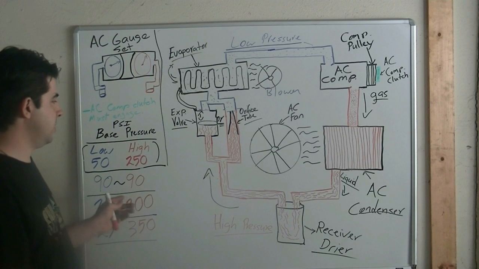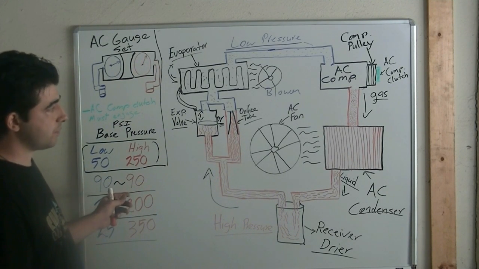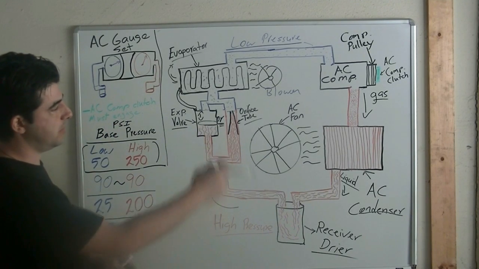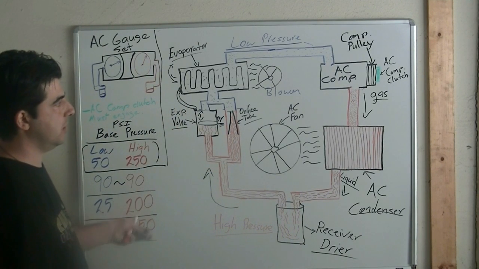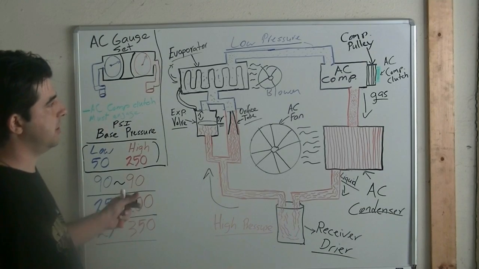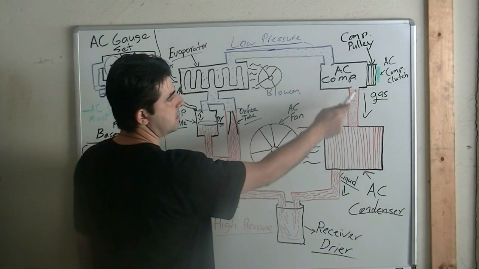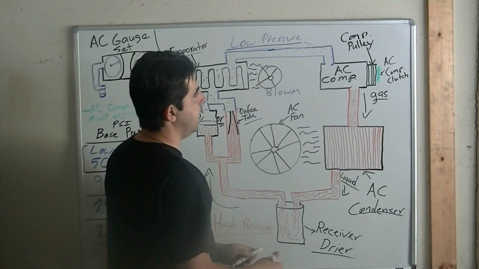But if we get those numbers, we can pretty much tell that the one component that builds up pressure on one side and keeps the other side at a lower pressure is our AC compressor. These AC compressors come with check valves, which I've already erased.